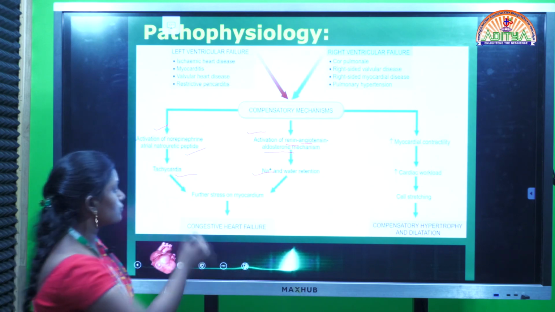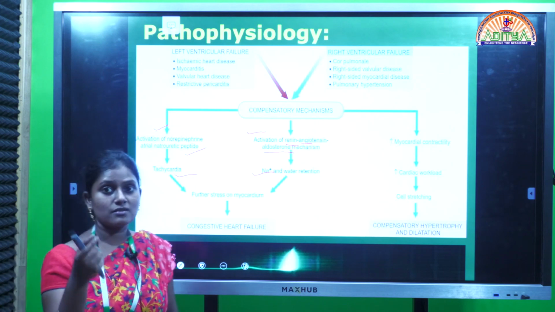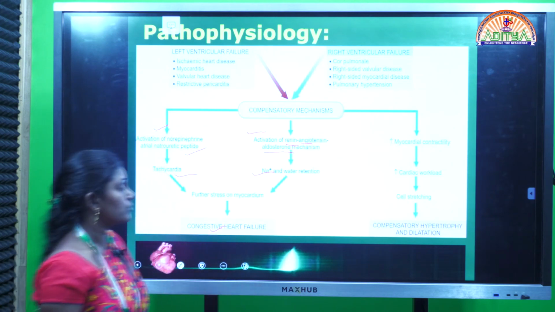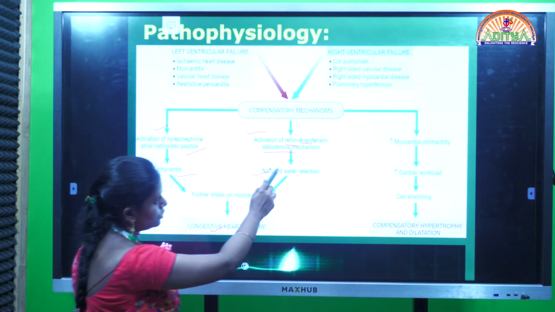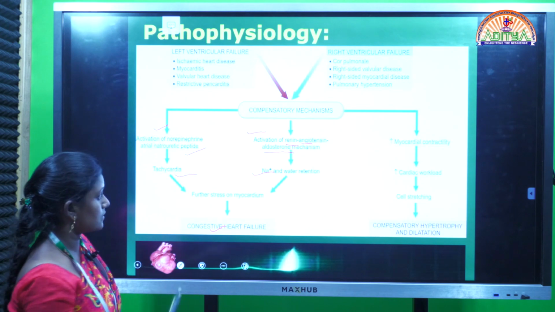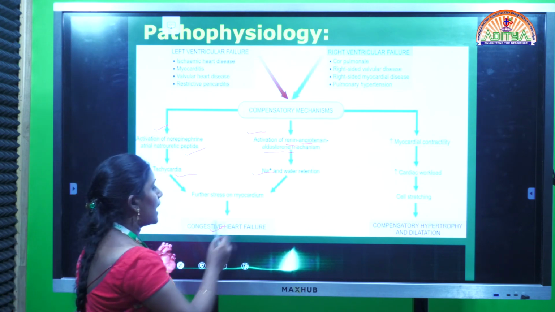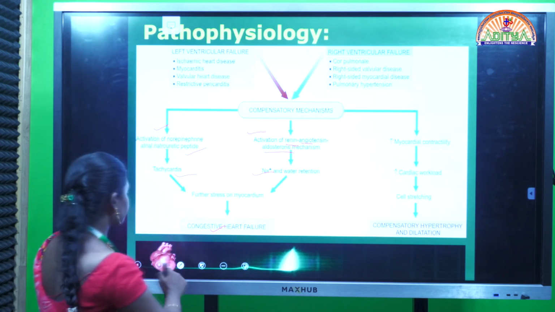Both of these further increase the stress on the myocardium, which leads to congestive heart failure. So activation of norepinephrine and activation of the renin, angiotensin, aldosterone system are the two main reasons for congestive heart failure because they increase the stress on the myocardium.